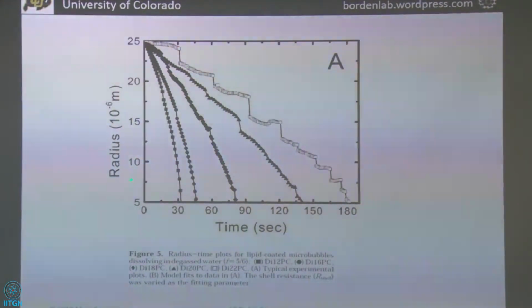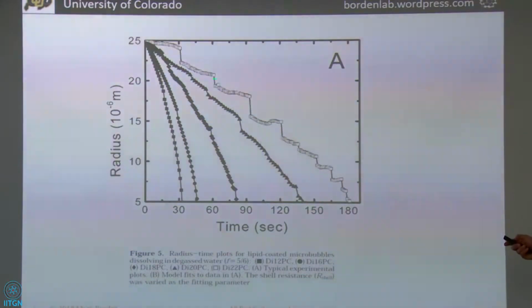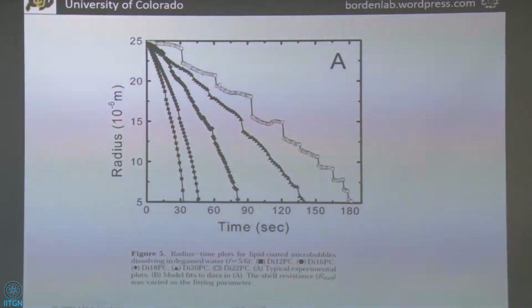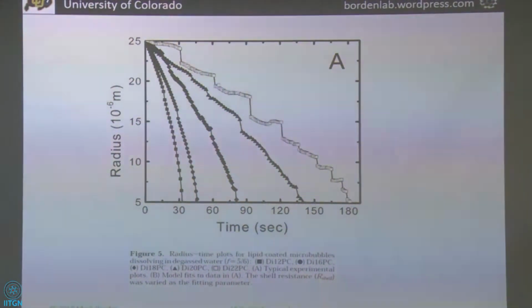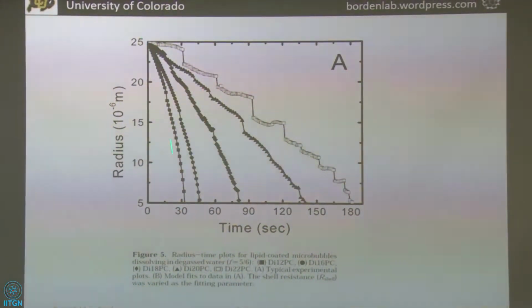If you plot the radius as a function of time, this is for the bubbles that are non-spherical, it's the equivalent spherical radius. So take the area and assume that that's the area of the sphere, so you get equivalent area, and therefore equivalent radius. You can see these are the dissolution curves.